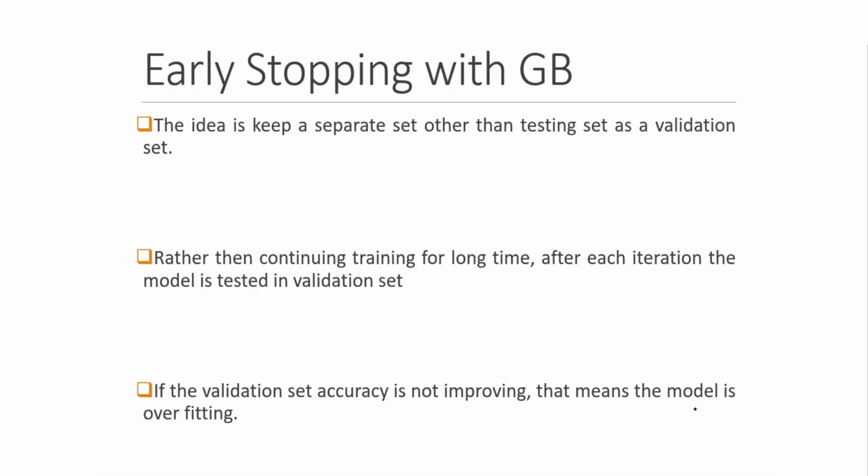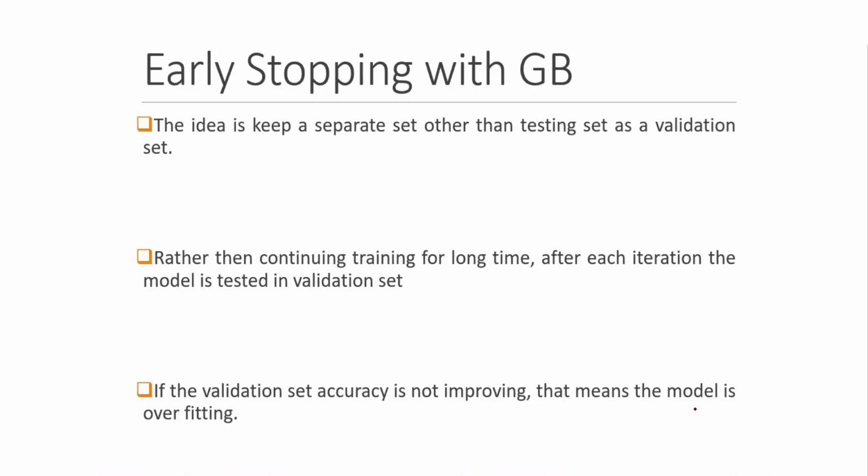One of the very easy ways to find out whether a model is overfitting or not is using this validation set. Because as the model overfits on the training set, your accuracy will always go on improving, but on the validation set that will not happen.